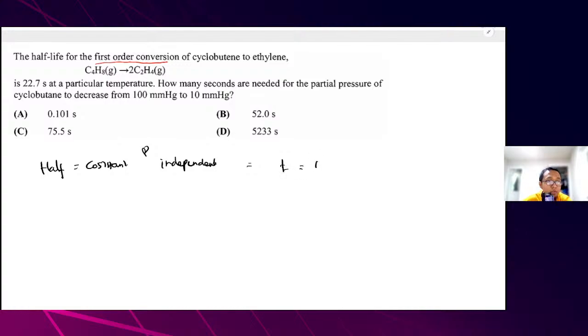T half is 0.693 divided by K, or we can use ln A0 over A equals K T. Okay, we can use such as this one. So now this is for the first order.